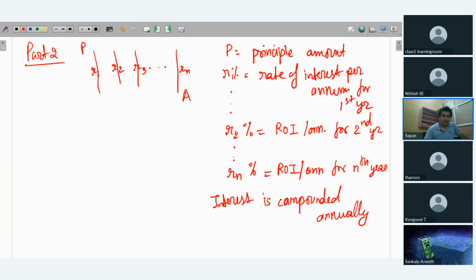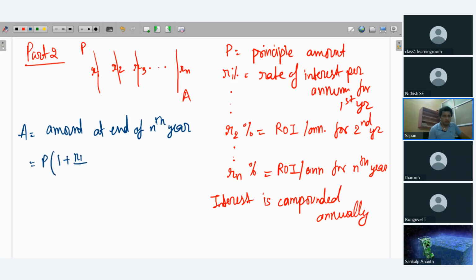So the amount at the end of the nth year is equal to principal into 1 plus R1 by 100, 1 plus R2 by 100, up to 1 plus Rn by 100. We will come to why that is so.